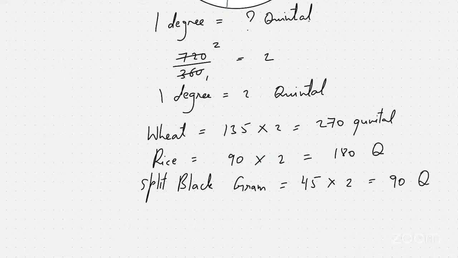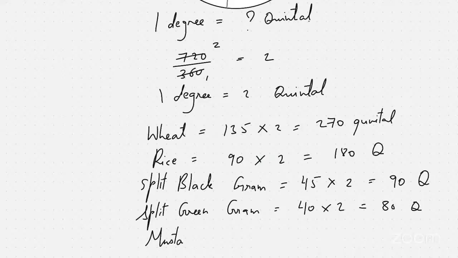After that, split green gram, which is 40. 40 into 2, 80 quintal. Last one is mustard. Mustard is 50. 50 into 2, 100 quintal.